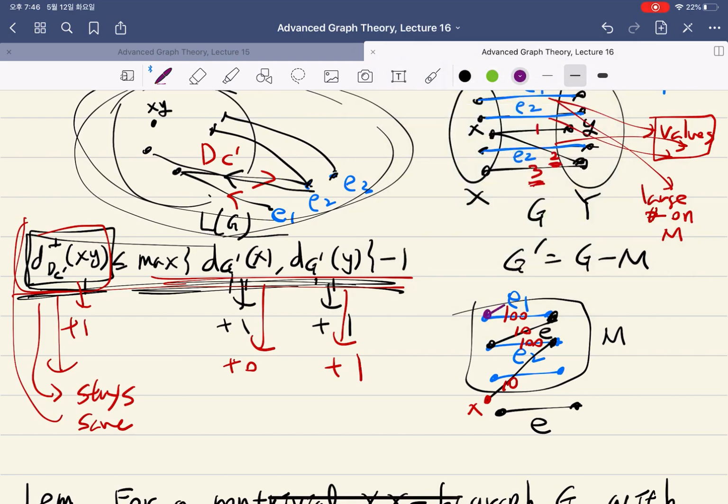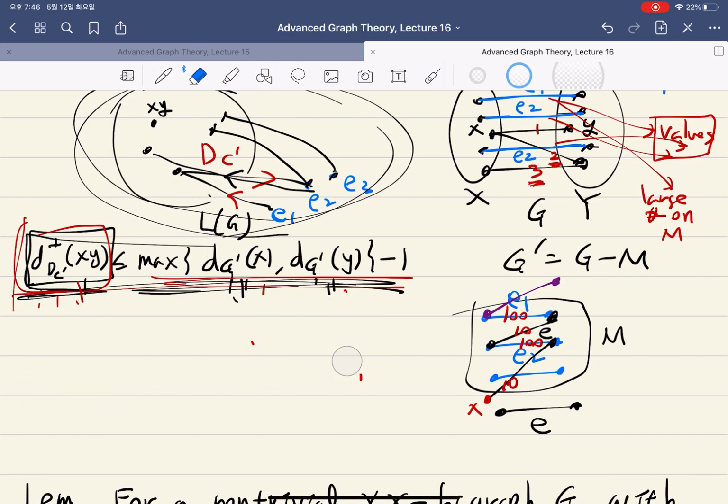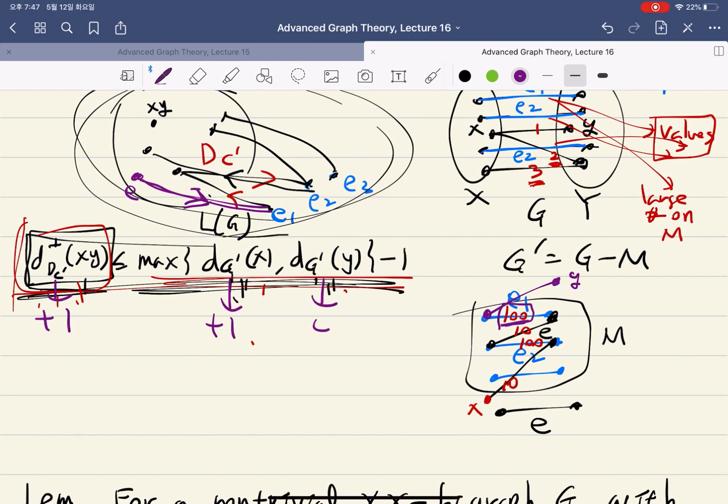The only problematic edge is this, because in this edge, by the same logic, it has only one neighbor, which is E1. And in the large graph, because we gave this large number, it's oriented from here to here. So this out degree increased by 1, and dx increased by 1, but the y part stays 0.